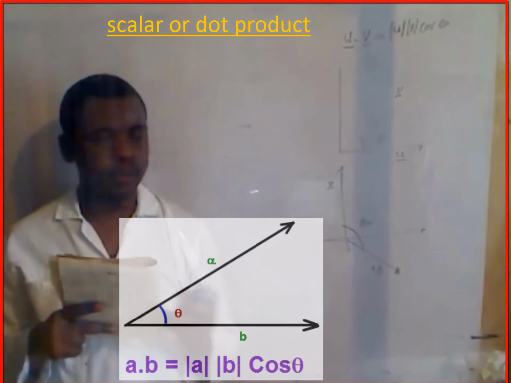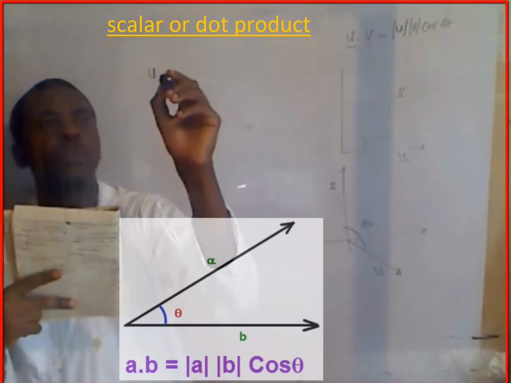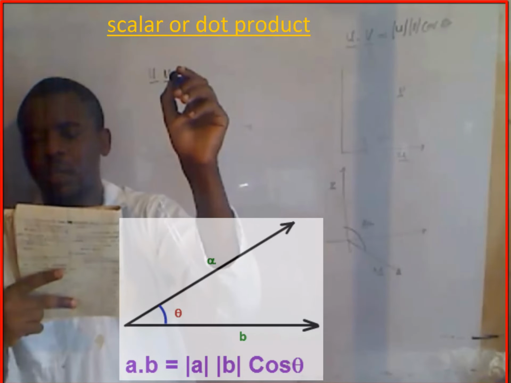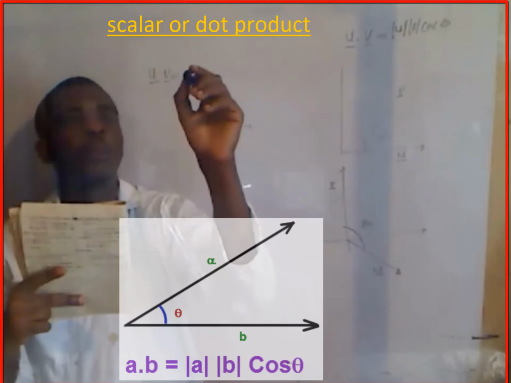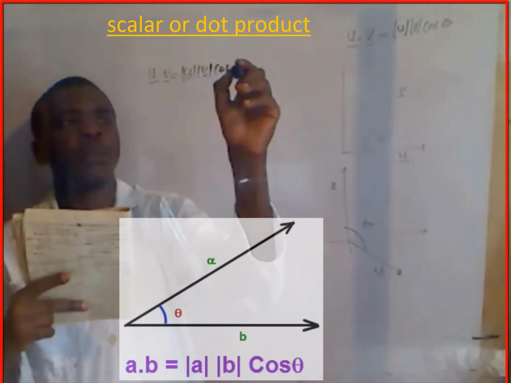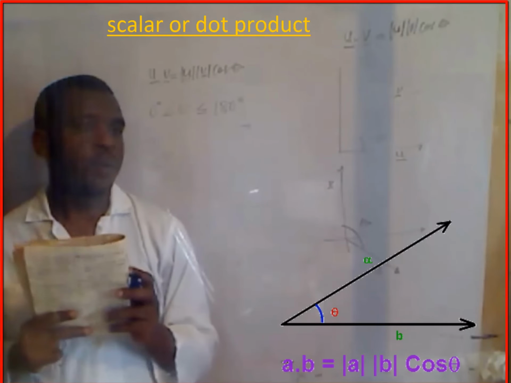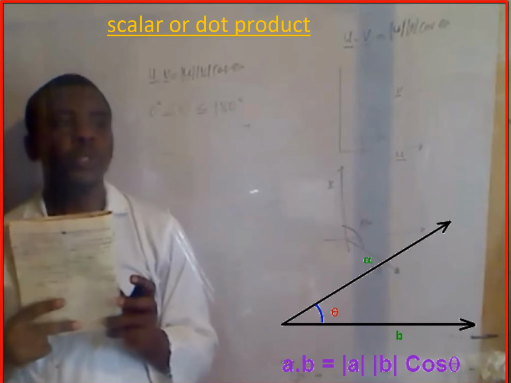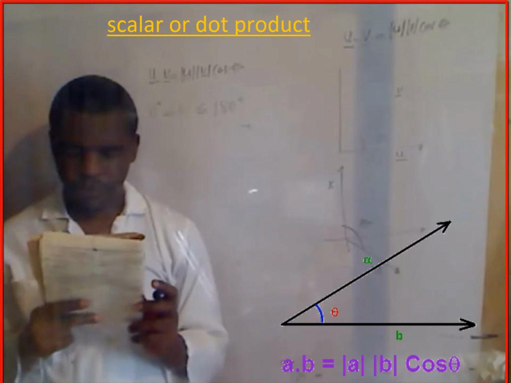Consider the diagram. u dot v is equal to... Remark: for an acute angle, u dot v is always positive.